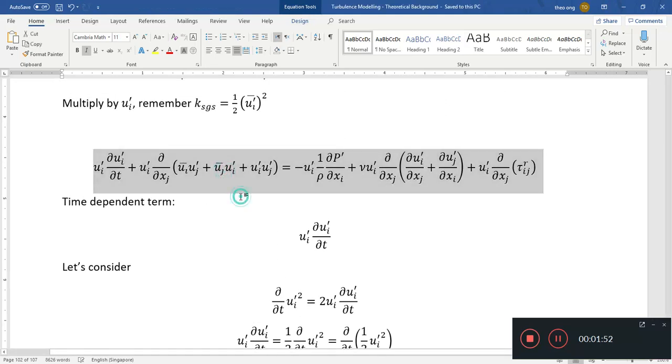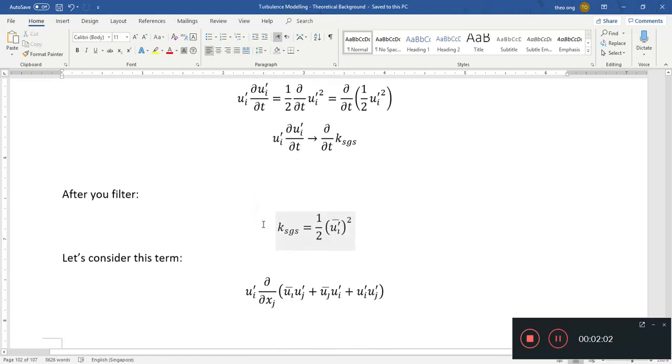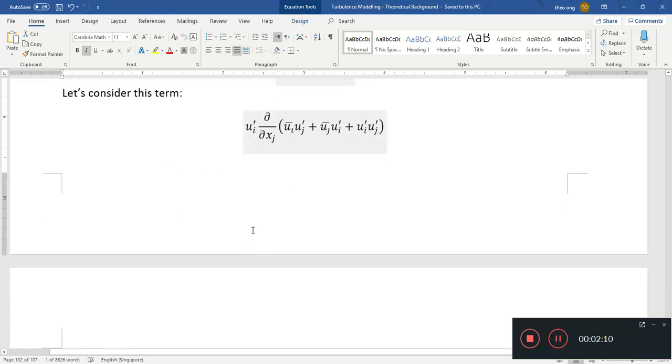Okay, so this one will be the advection term. Again, it's another mess of terms. But using a similar process, we can try to bring ui prime inside. Okay, now you'll know that there are a lot of terms here, so I didn't fully derive everything, but you will be able to find some sort of rearrangement that will get you the KSGS.